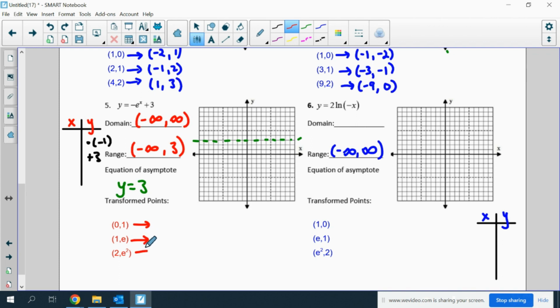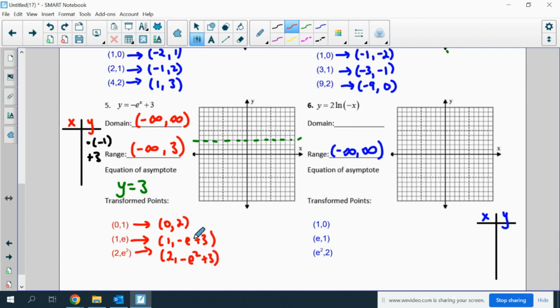Then I'll transform my points. So my x's, nothing happens. My y's, I'm going to multiply by negative 1, then add 3. So I have negative e plus 3, negative e squared plus 3.